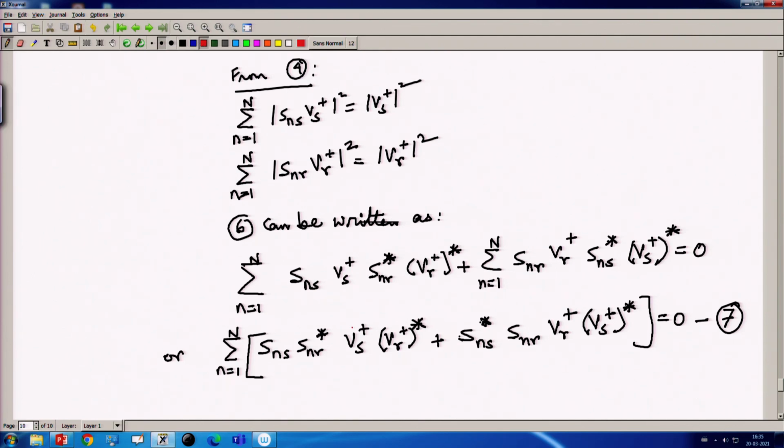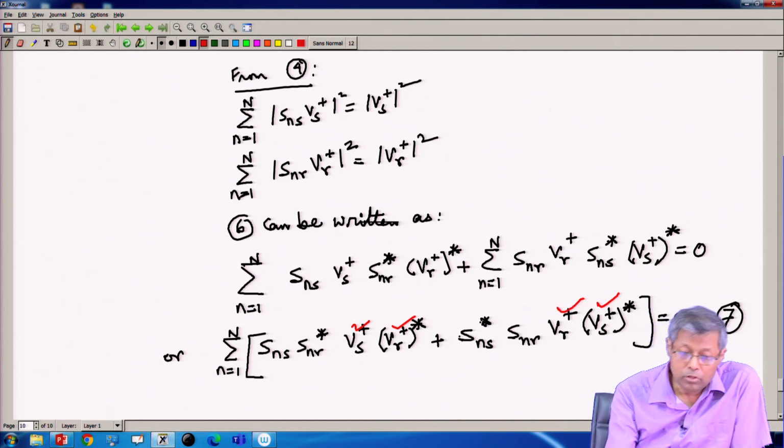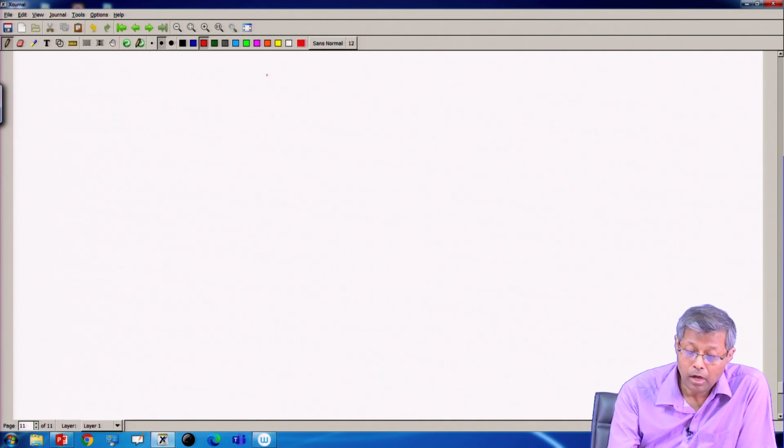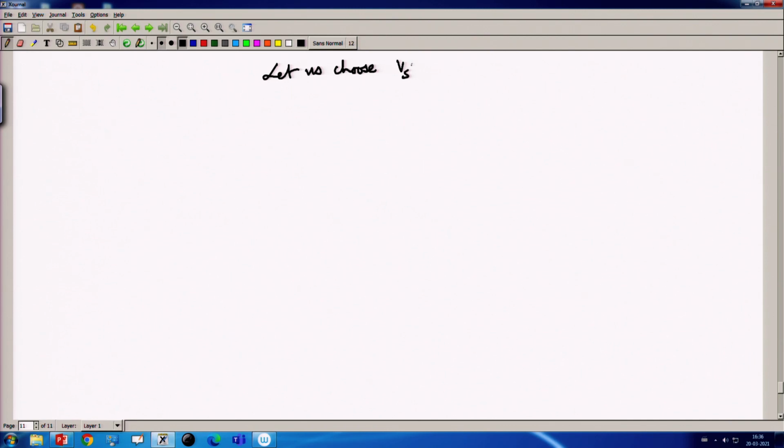Now, these two quantities V s plus and V r plus again can be chosen according to my free will, because they are general. This equation will hold good regardless of the values of V s plus and V r plus. So, let us first choose V s plus equal to V r plus.